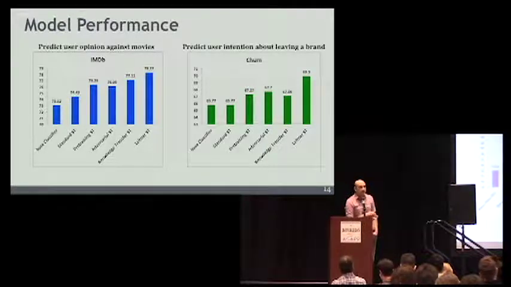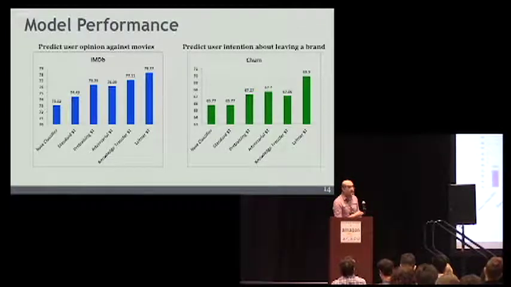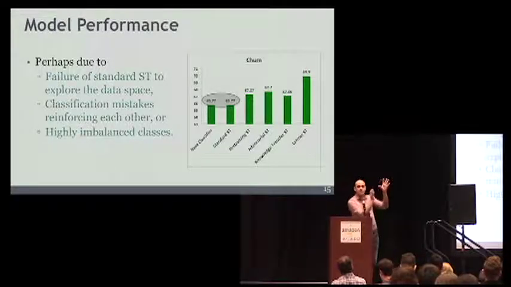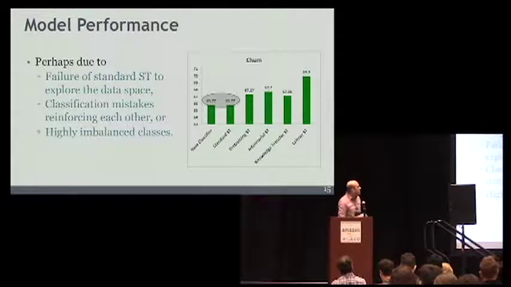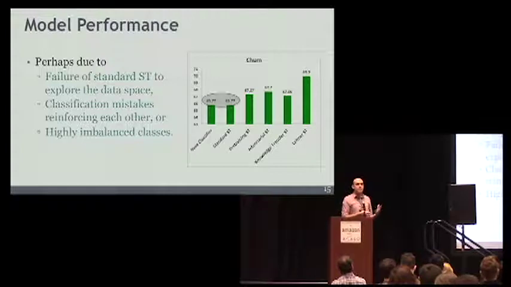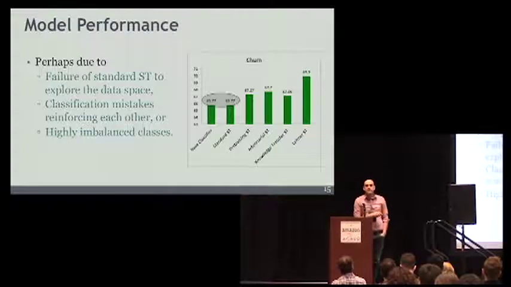One interesting point is that we observe some improvement using standard training on the IMDb dataset for sentiment classification, but no improvement here. As I said, standard training is the architecture that I showed you at the beginning of my talk. This could be because of the failure of standard training to explore the data well, or classification errors that reinforce each other, or maybe the highly imbalanced class nature of the churn dataset.